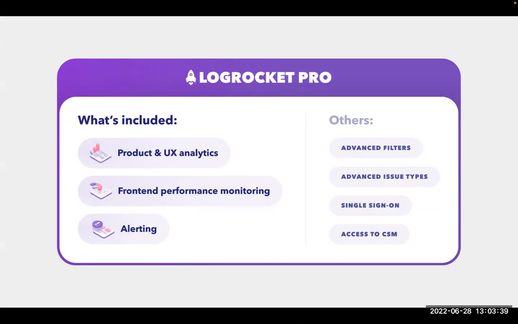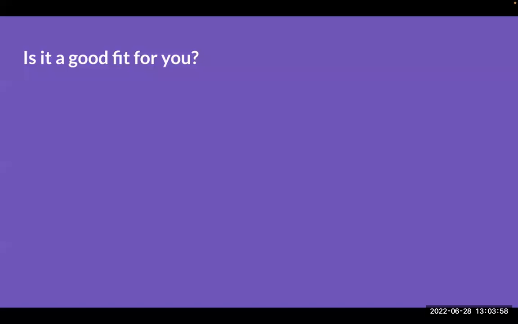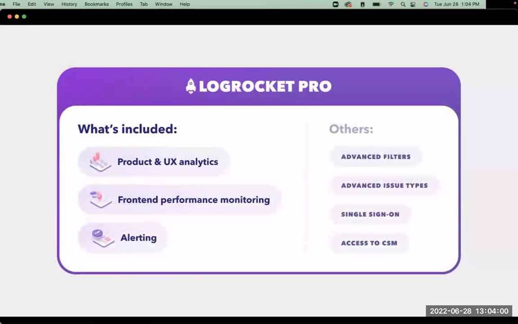Something I want to point out is that you will have access to a customer success manager once you're on the plan, as part of your onboarding, to help you get set up with one-on-one training for your team, so you know exactly how to use the product for your use case. We're going to hop into the demo now.